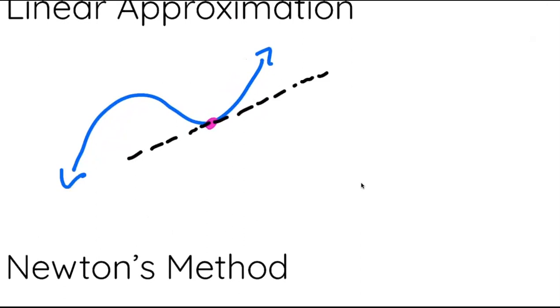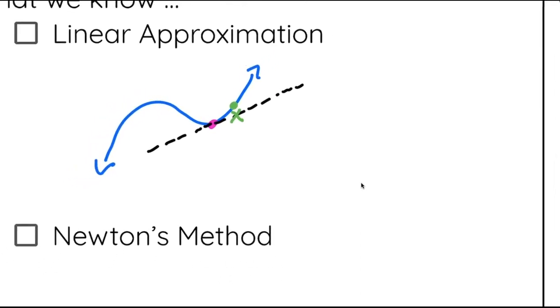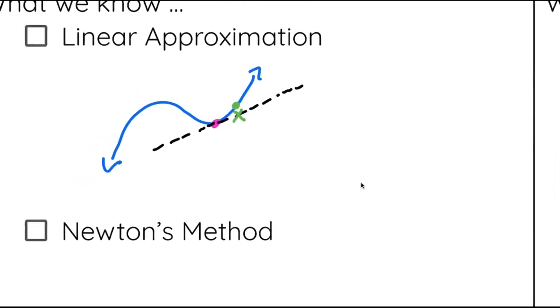So if we know the value at the pink point, and then we say, hey, what is the value at this green point? Instead of following the blue curve, we could say it's about this value on the tangent line. And so we use a tangent line to get really close to the value we want. And that is why we call it linear approximation. We approximate values with a line.